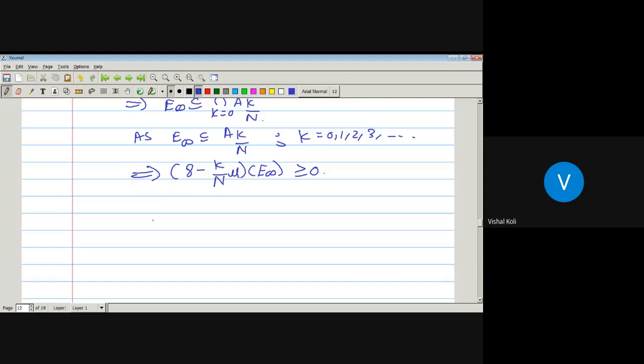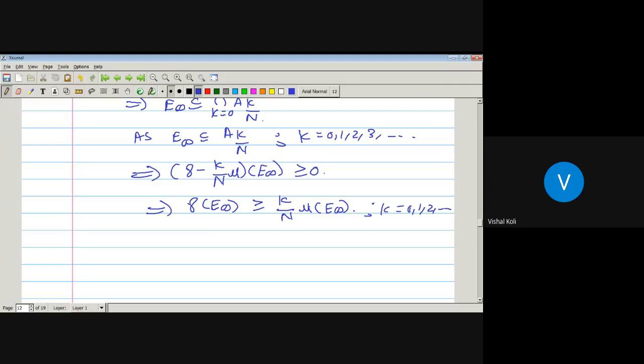After solving this we get gamma of E infinity is greater than or equal to k by n times the measure of E infinity, for all k running from 0, 1, 2, 3, and so on. Here mu is a finite measure.